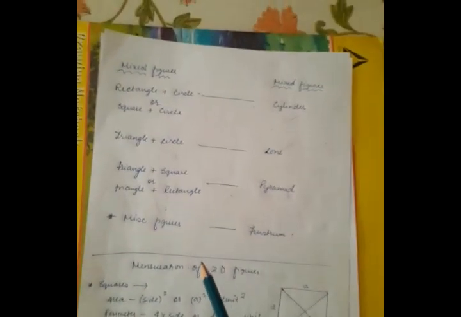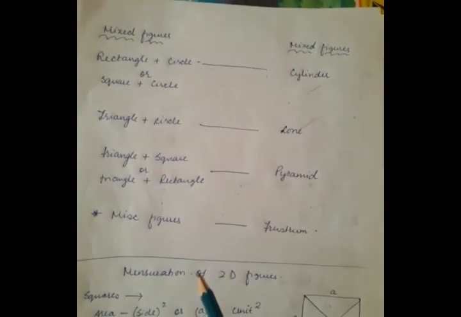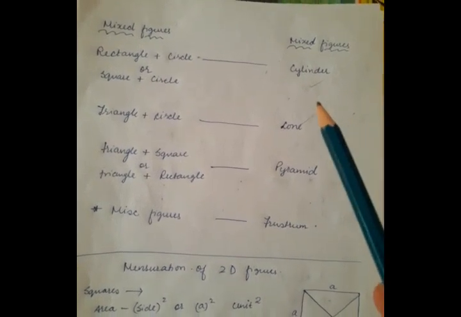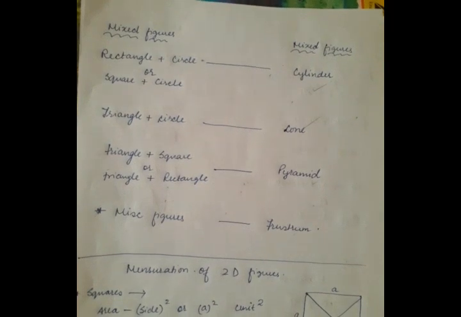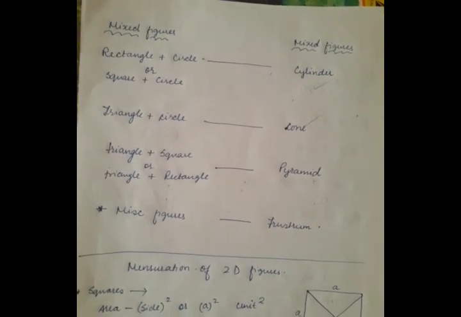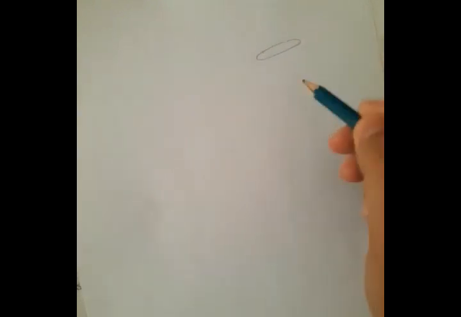So the next topic is the mixed figure. Mixed 2D figures will produce mixed 3D figures. The first one is rectangle plus circle, or square plus circle. That gives us a cylinder. Let's see the figure, how it depicts.